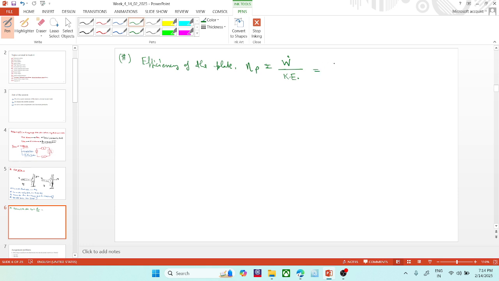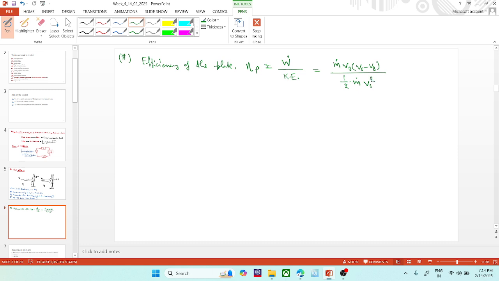So W dot is m dot Vb (Vs minus Vb) divided by half into m dot into the square of Vs.